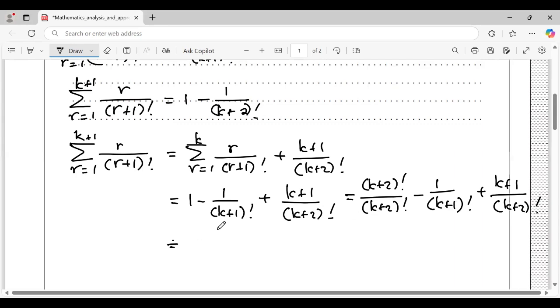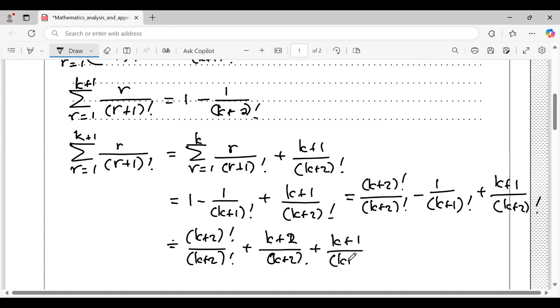And we're going to make the same denominator: (k plus 2) factorial over (k plus 2) factorial, minus, multiplying 1 over (k plus 1) factorial by (k plus 2), (k plus 2) over (k plus 2) factorial, plus (k plus 1) over (k plus 2) factorial.